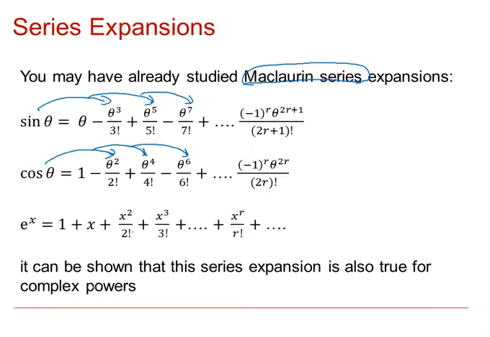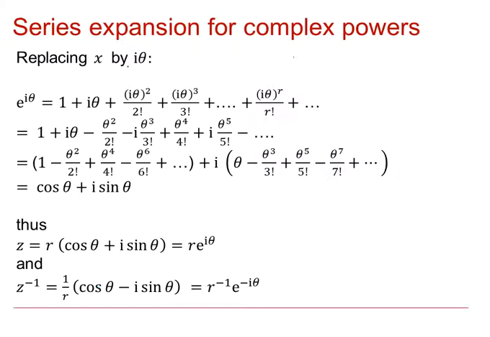It can also be shown that this series expansion is also true for complex powers. So now we're looking at the expansion of e to the x for a complex power. We're going to replace the index x with i theta.